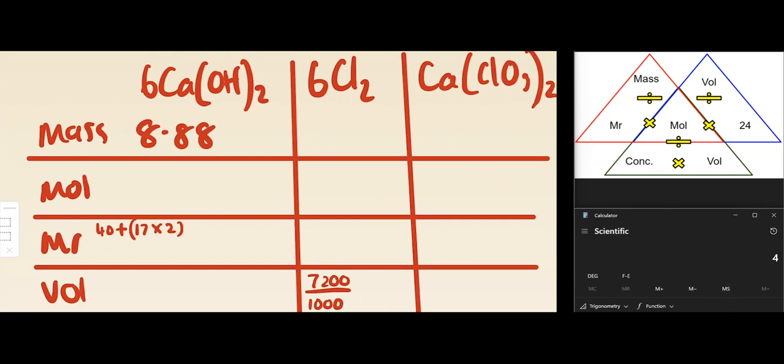So we've got 40 plus 17 times 2 gives us 74. Now that we've got the MR and the mass, we know that we can do 8.88 divide by 74. That gives us 0.12 moles of that.